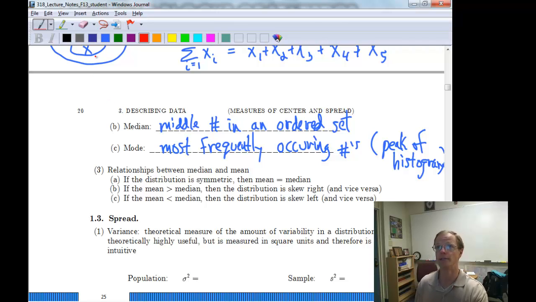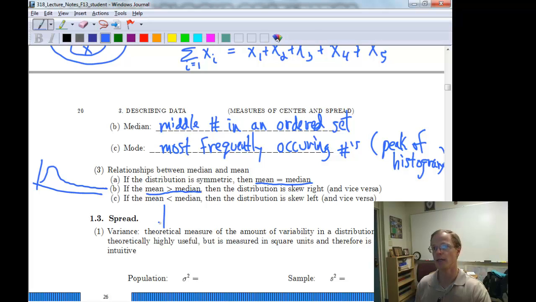Now, as I pass out of this, let's note that if we have a symmetric distribution, rectangular and mound, then the mean was equal to the median. But if you went skewed to the right, holding this thing tilted like this, then your mean is going to be greater than the median.